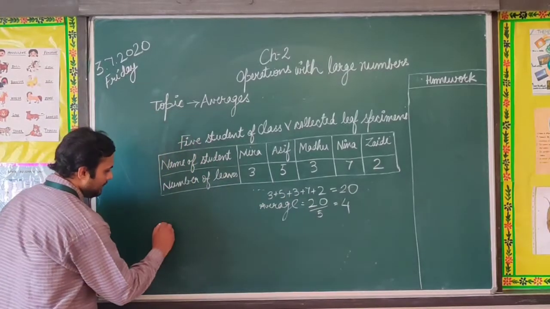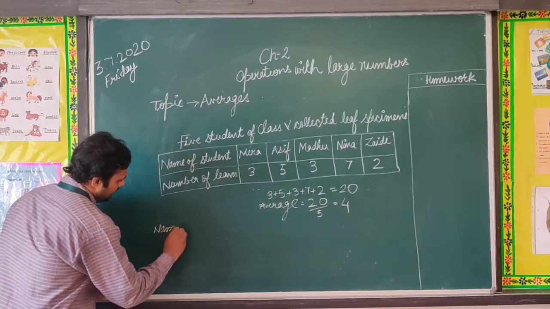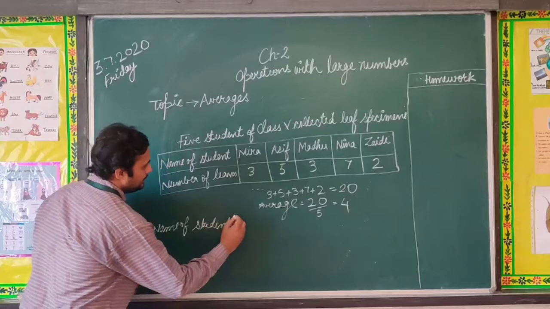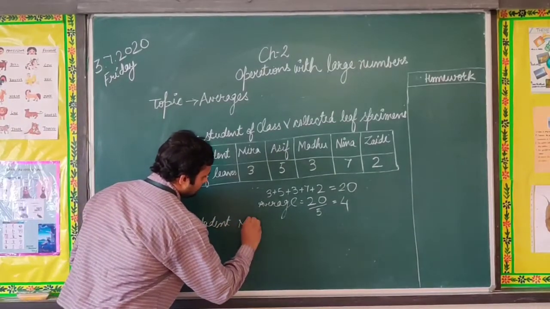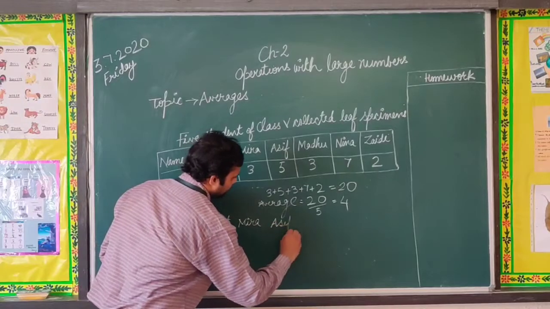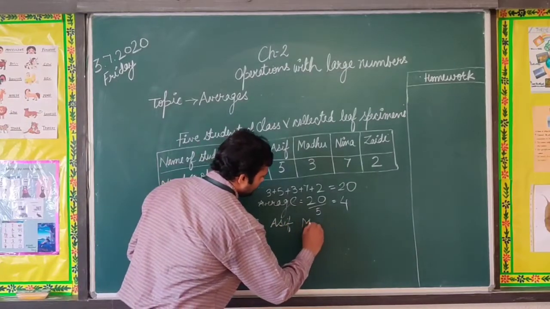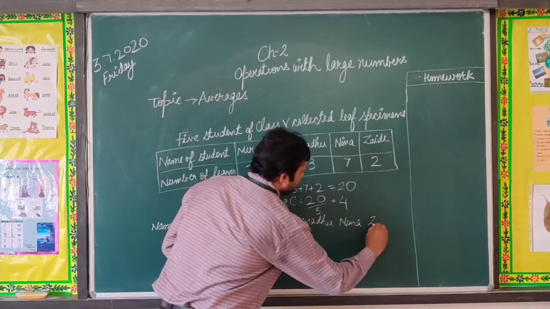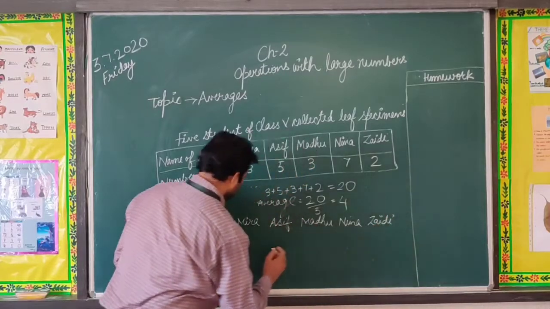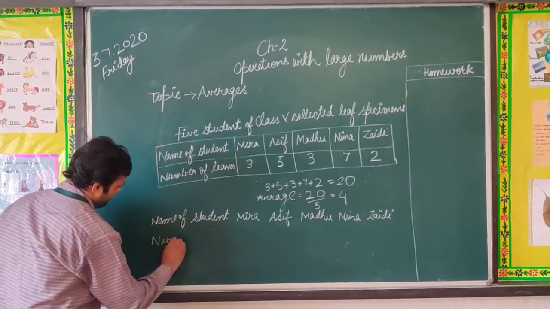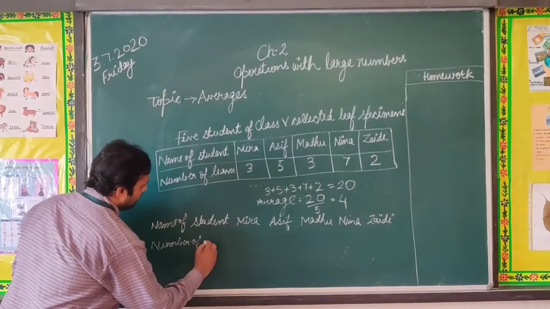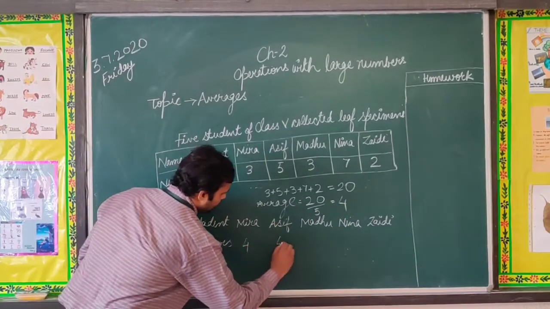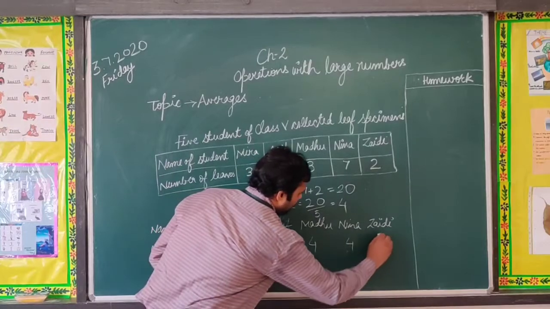If we draw another table, the table will be like this. Name of student: Meera, Asif, Madhu, Neena, Zaidi. Number of leaves: on an average, 4 leaves, so we write 4 there.